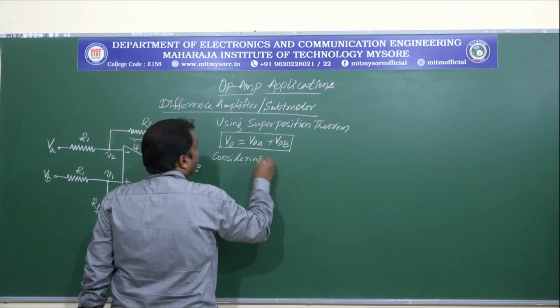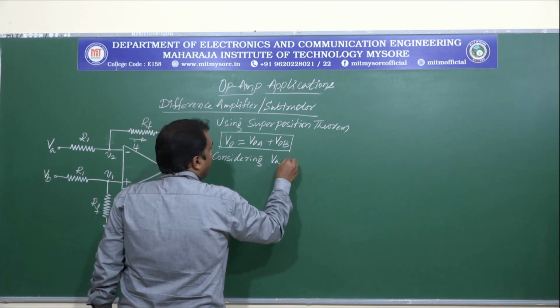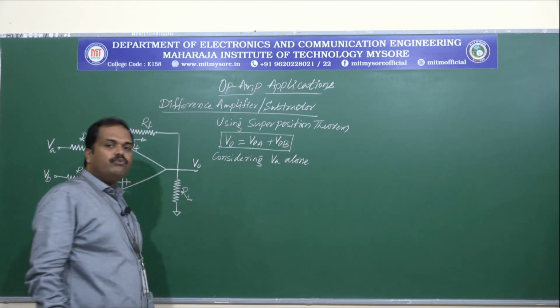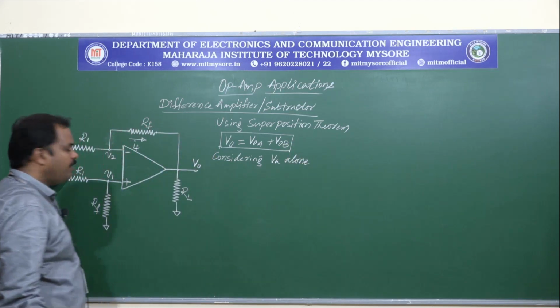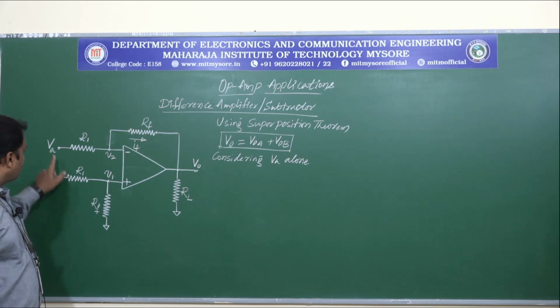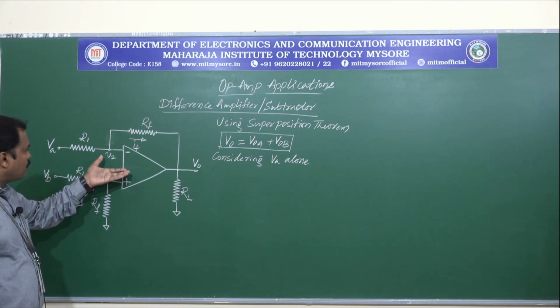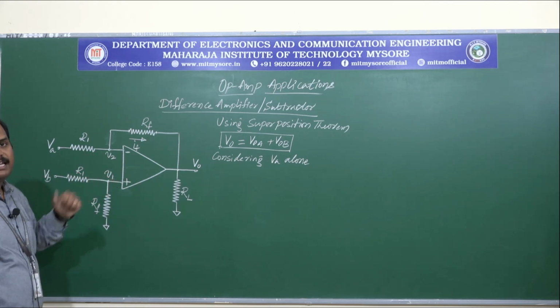Considering VA alone, looking at the circuit, if I consider VA alone, VB should be grounded. So the op-amp circuit works as an inverting amplifier.